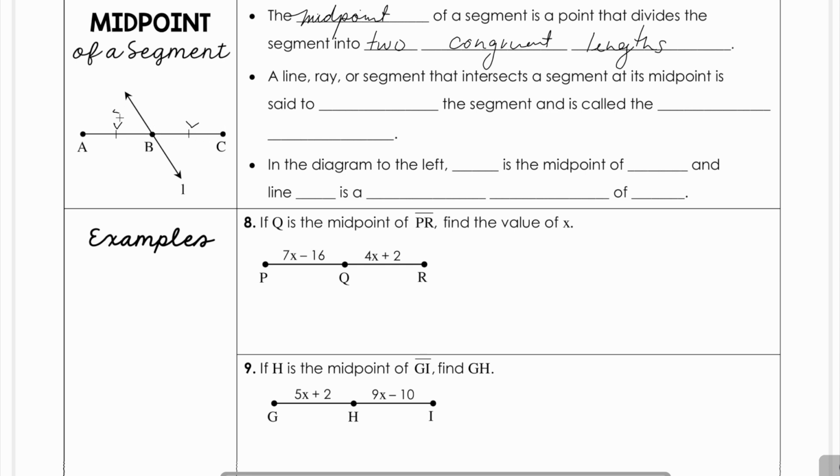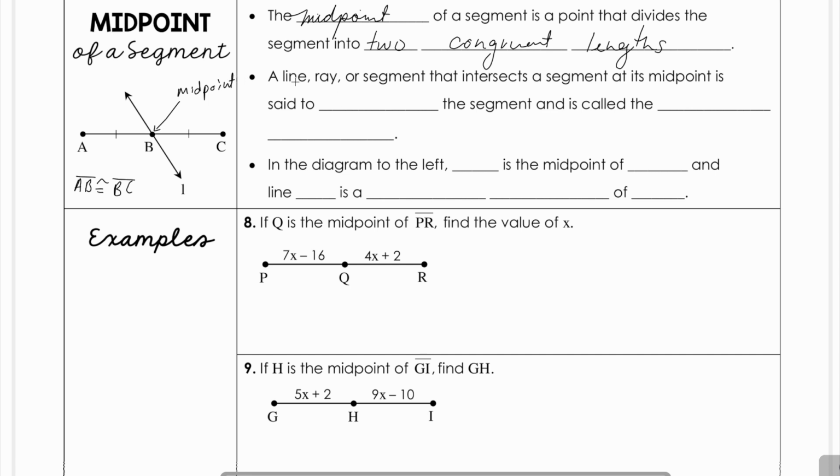So if AB was 5, then CB would also be 5. So those tick marks are a great clue for us. And because B is in the middle, that is our midpoint, we can say that segment AB is congruent to segment BC because B is a midpoint.